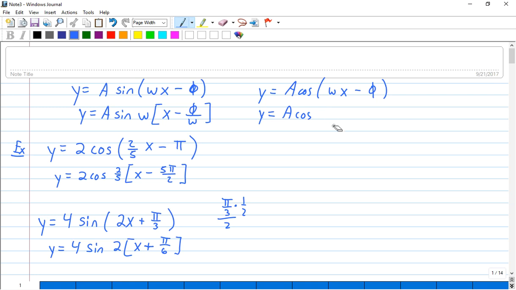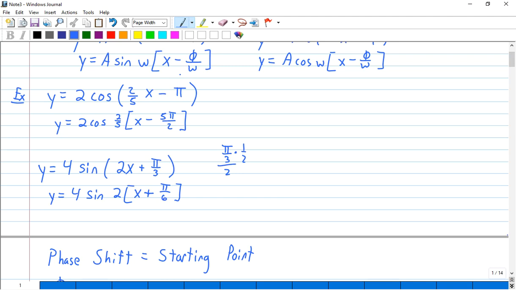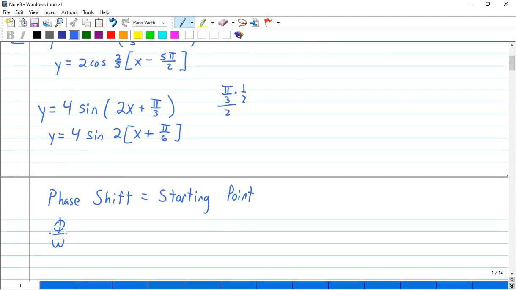So if I factor out an omega, that's going to leave me with x minus phi divided by omega. Alright, so in my formula, I have a minus right here. So when you have a minus right here, your phase shift is simply phi divided by omega. So if it's negative here, your phase shift is going to be positive. If it's positive, if there's a plus sign in front of it, your phase shift is going to be negative.